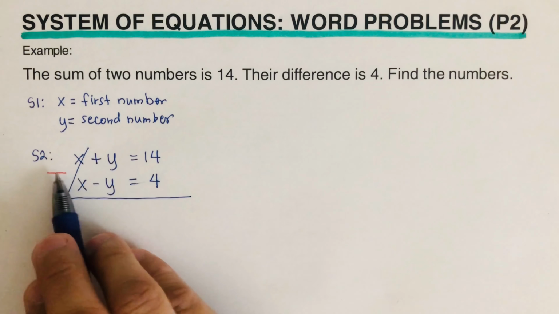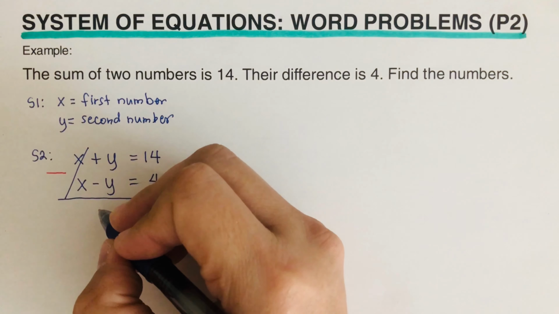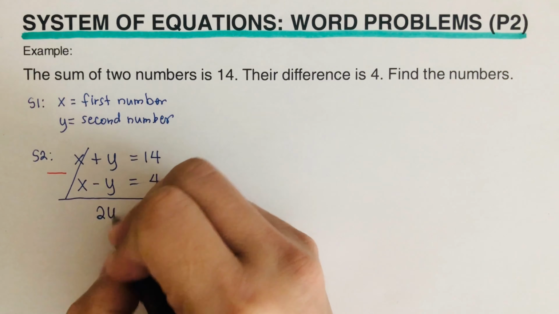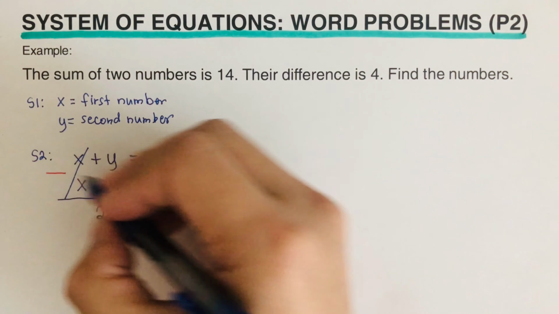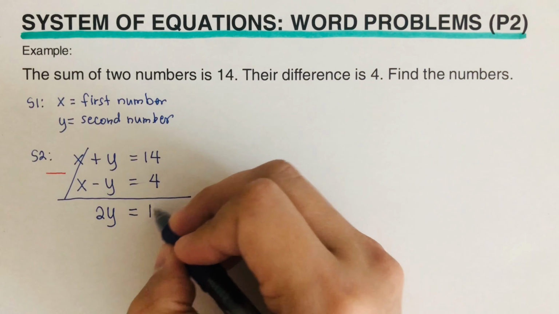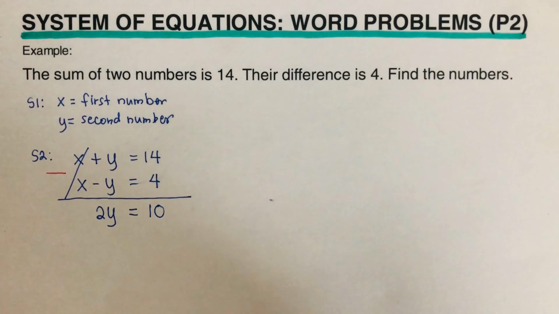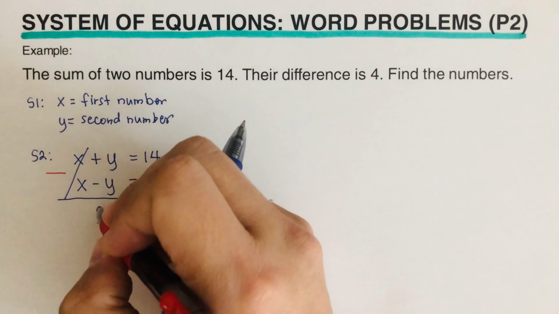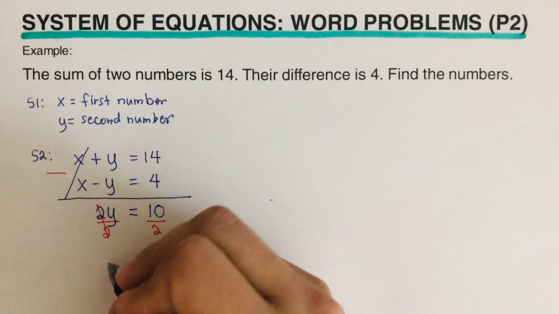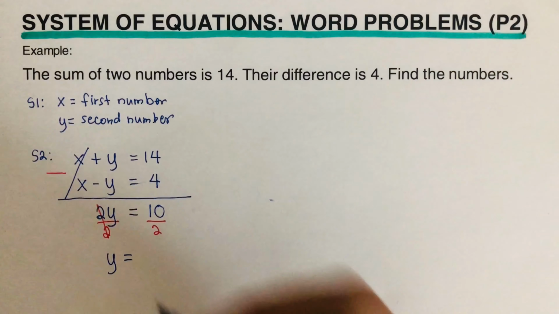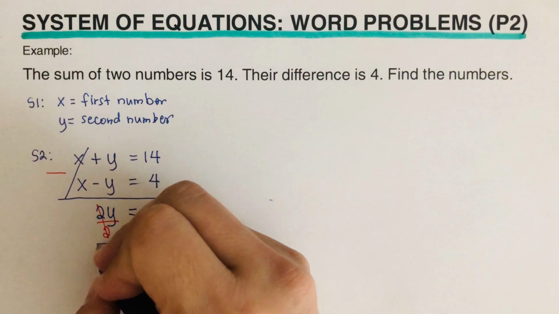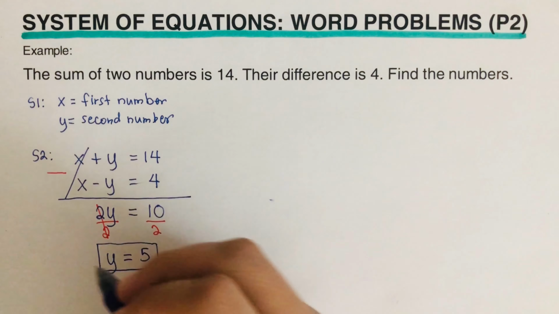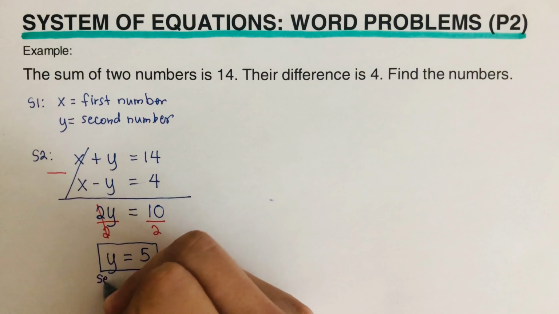We have y minus negative y is 2y. And that is equal to 14 minus 4, which is 10. So then we want y by itself. So we're going to divide both sides by 2. So our y is 5. So this number 5 is actually representing the second number.